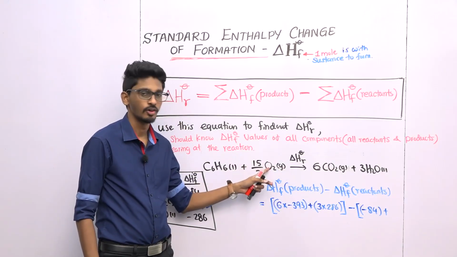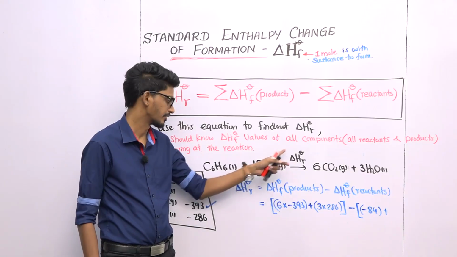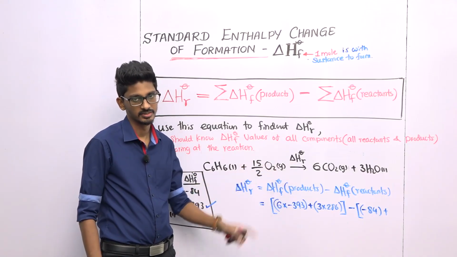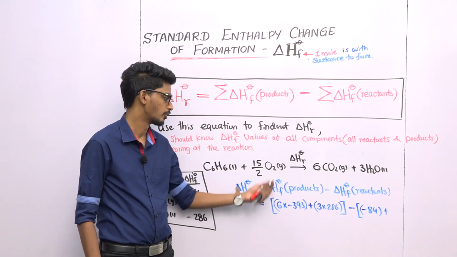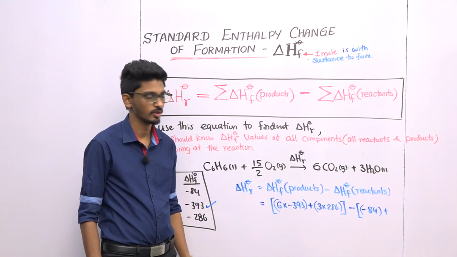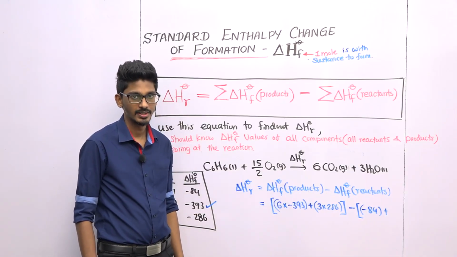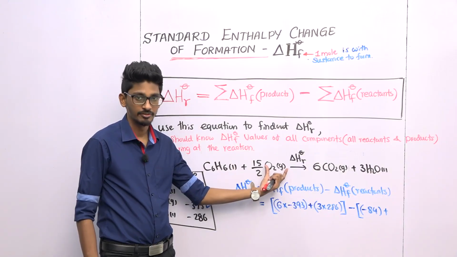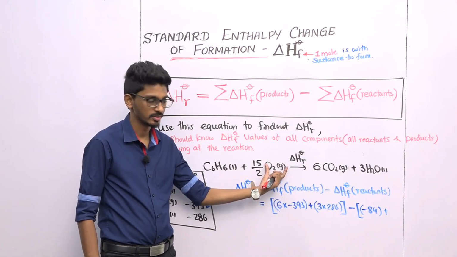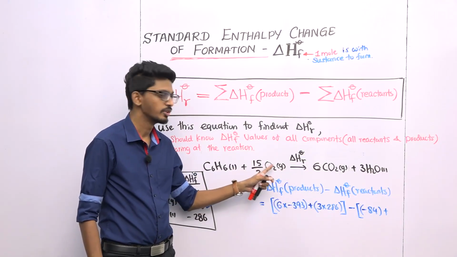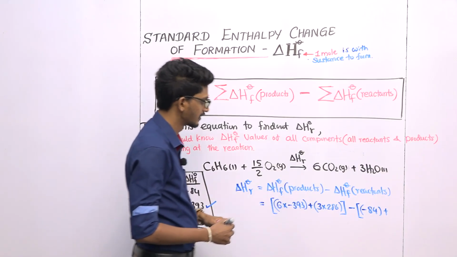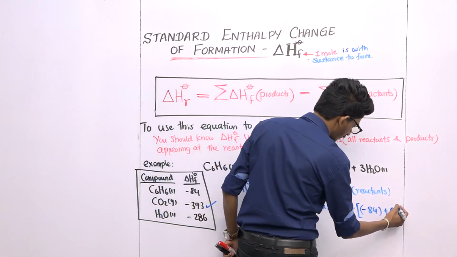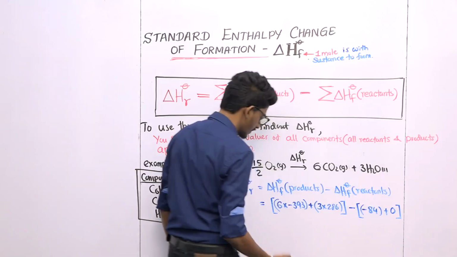It is the reference form of elemental oxygen. For a reference form, the delta F value is 0. So 15 over 2 into 0 is just 0, as any number multiplied by 0 is 0.